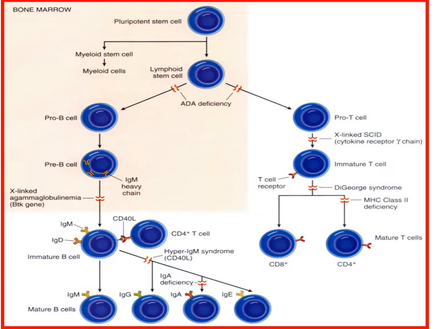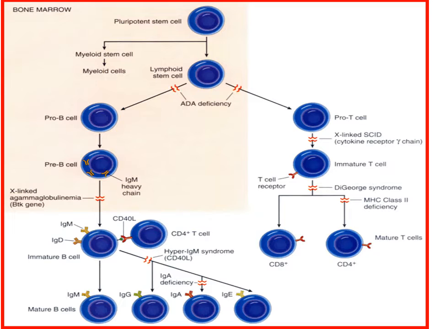And when this pro-T cell further differentiates into an immature T cell, and if there is cytokine receptor chain deficiency, it results in failure of differentiation into immature T cells. So there will be no further differentiation of T lymphocytes, and cell mediated immunity will be defective.